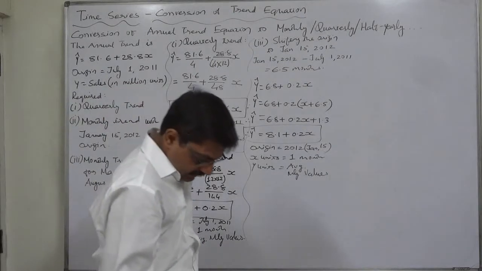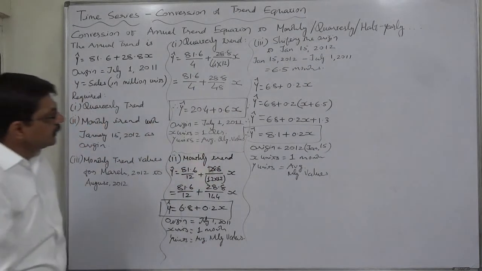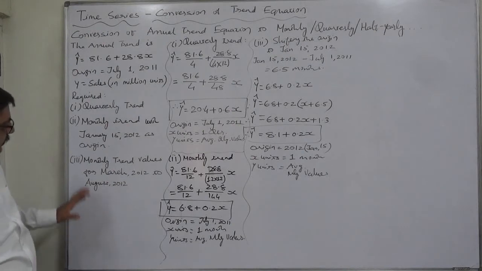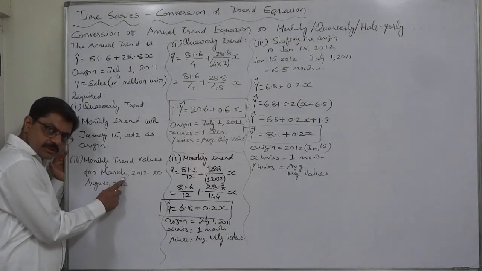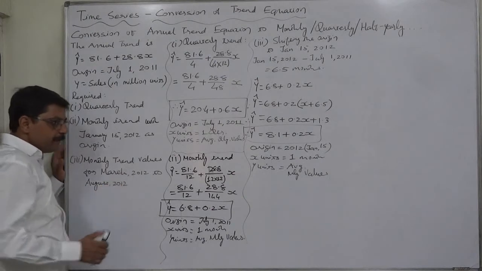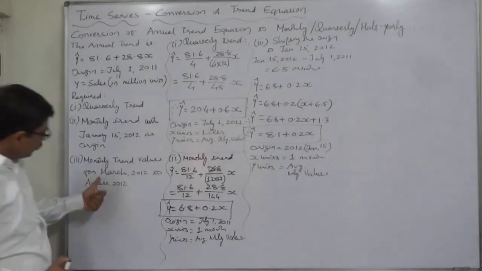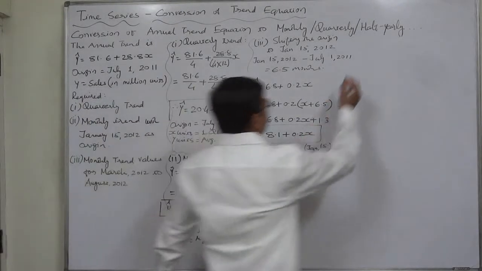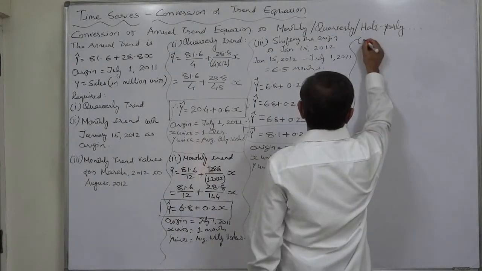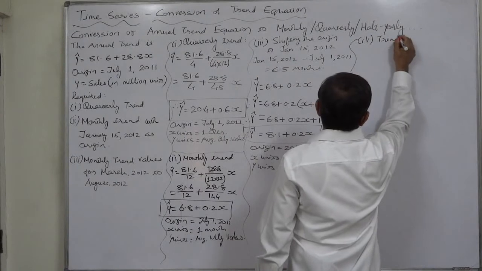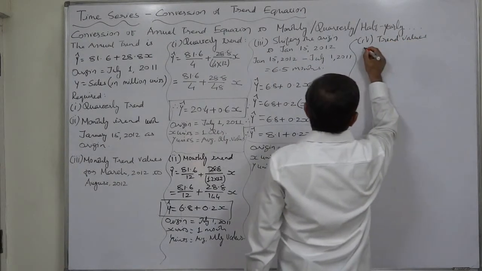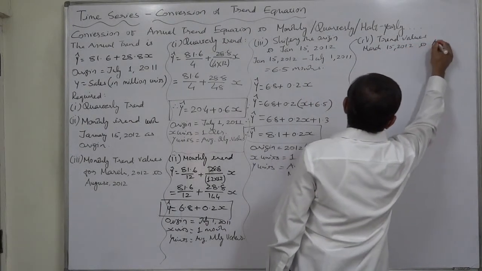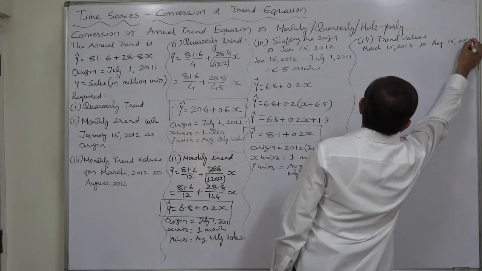Yes. Now we need monthly trend values for March 2012 to August 2012. Since there is no specific information about the dates of these months, we believe that we need to find trend values for March 15, 2012 to August 15, 2012.